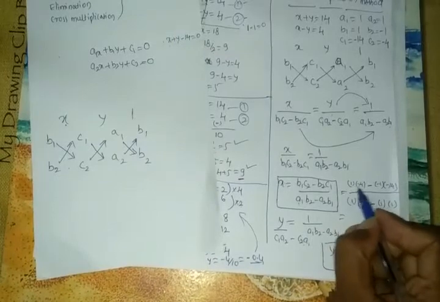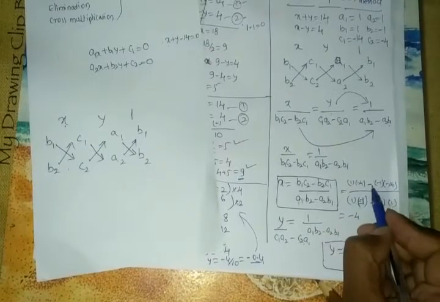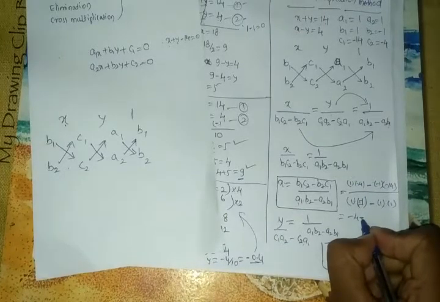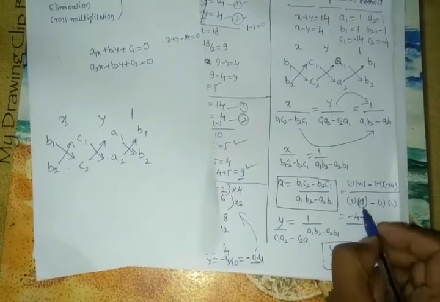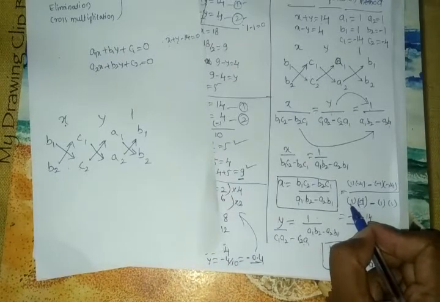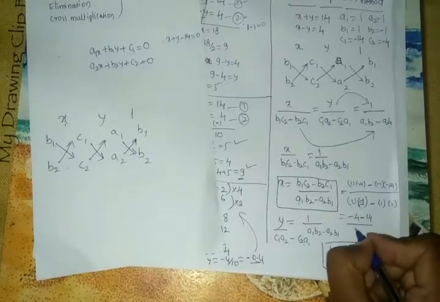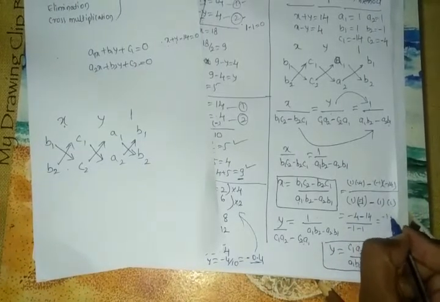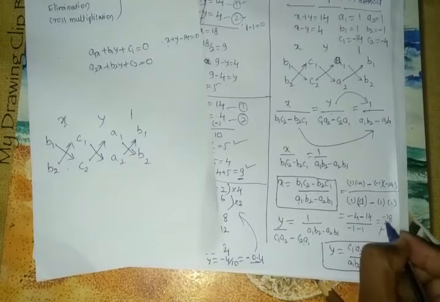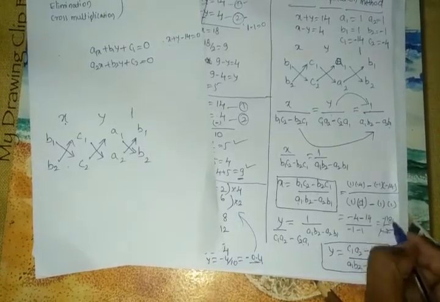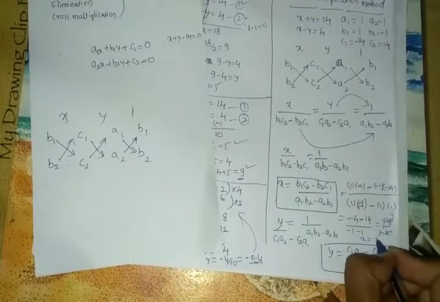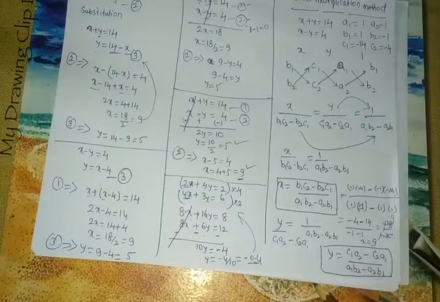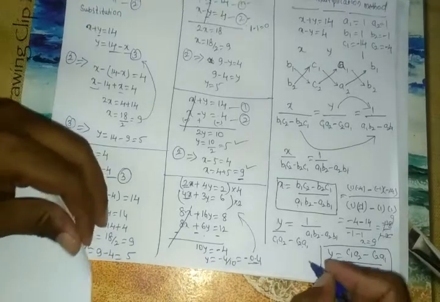Okay, so this will be minus 4, minus into minus plus, again this will be minus, so minus of 14 divided by, this is 1 minus 1, it will be minus 1, this is minus 1, it will be minus 18 by minus 2, so 2 nines are 18, so x equals to 9. Similarly, you put all the values in this y.